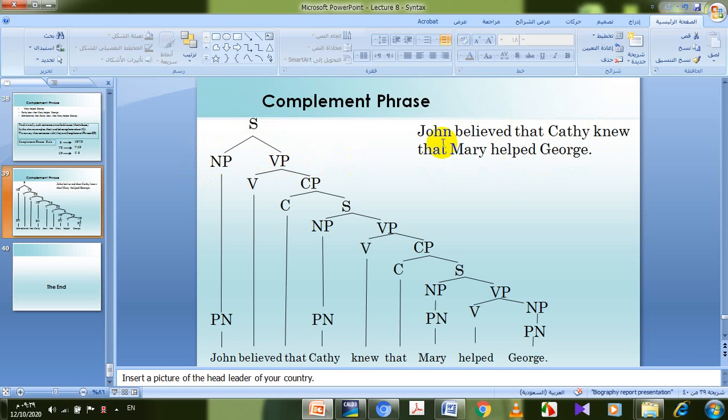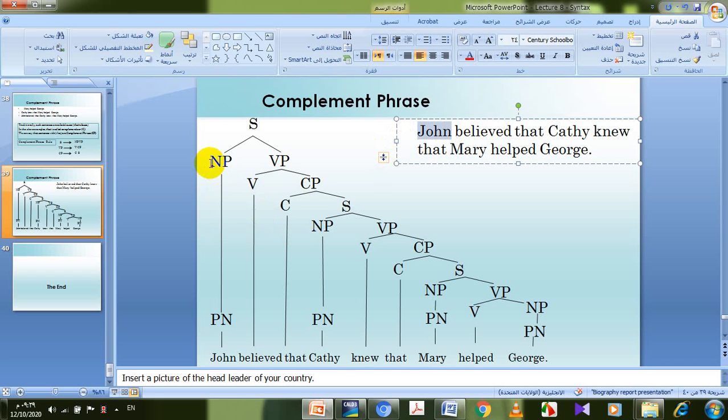Noun phrase, John. Noun phrase is John, and the rest of the sentence is a verb phrase. Starting from here, believed that and so on. We have verb, believed, and starting with that Kathy knew is a complement phrase.